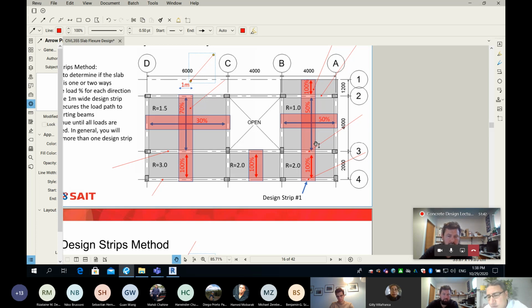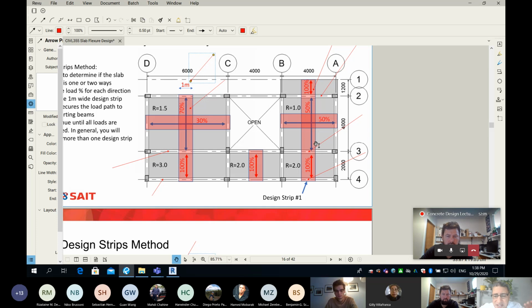Here, how we do it is we take a 1-meter wide design strip, and we find the load on the 1-meter design strip, and we find the moment on the 1-meter design strip, and then finally we find area of steel, and this area of steel we place in 1 meter, per meter. Is that clear? So everything is per meter.